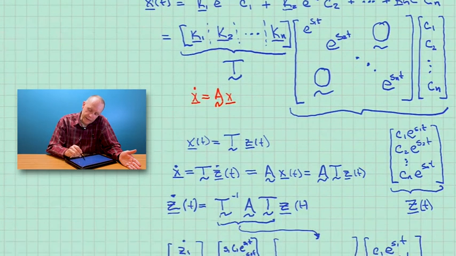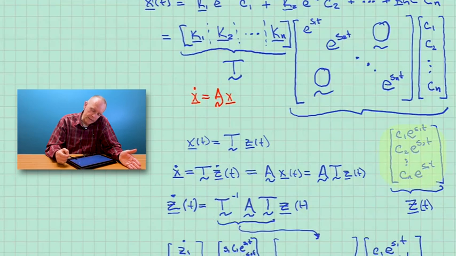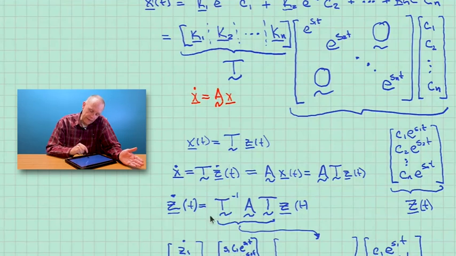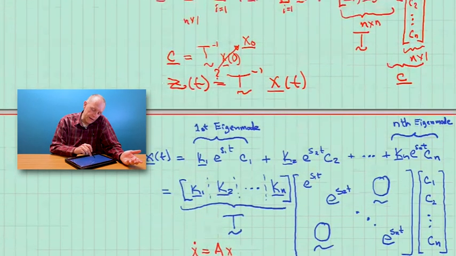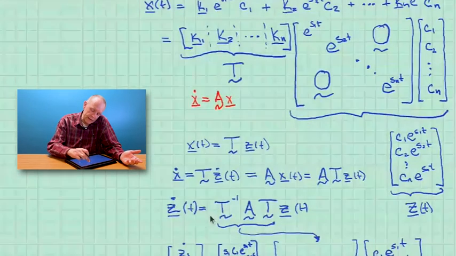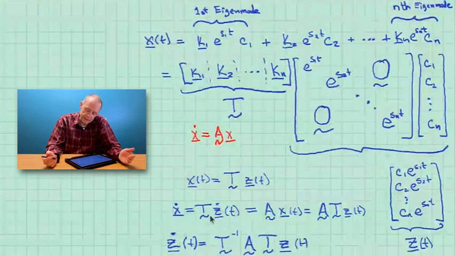If you take the second two matrices here and do this matrix multiply, you'll have c1 times e to the s1t. Then if you multiply this combined matrix with the T, you certainly get what we were hoping for: x equals T times z. If you invert the T, you get z equals T inverse x. So now we can go back and forth between this uncoupled system and the coupled system.